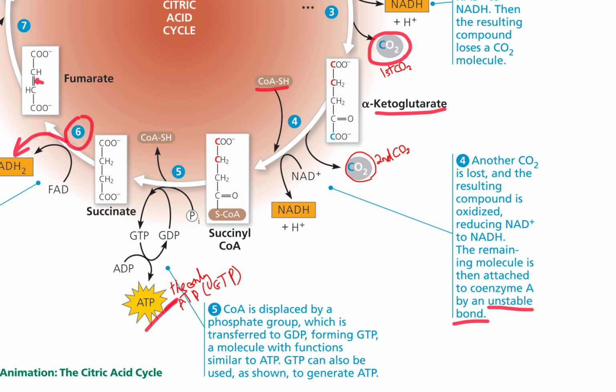Then it will substrate level phosphorylate GDP or ADP, producing our only direct source of ATP.